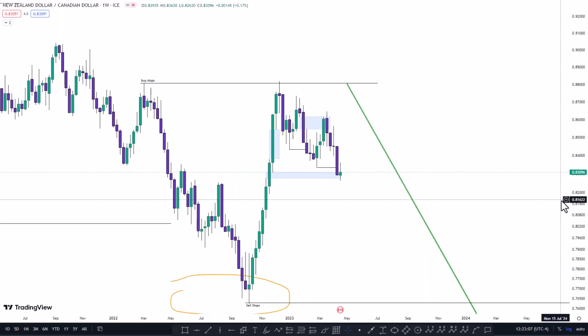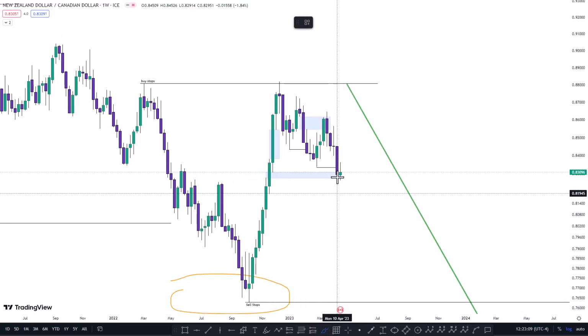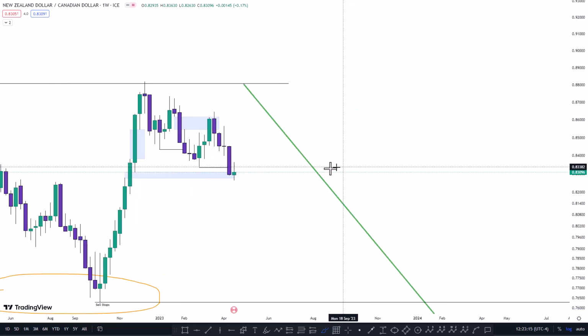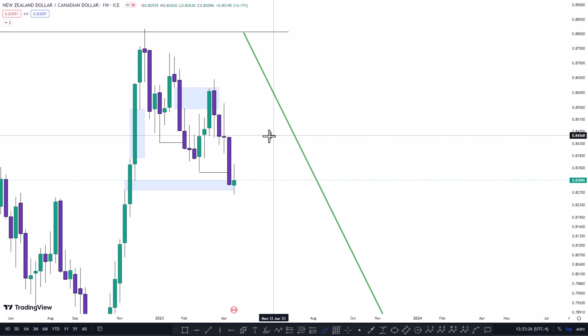It will have a time when it will create a pullback and drop very, very heavily. So remember that. If we get the signs of a pullback, then we'll be thinking either internal structure continuation within this range or a deep pullback somewhere here.